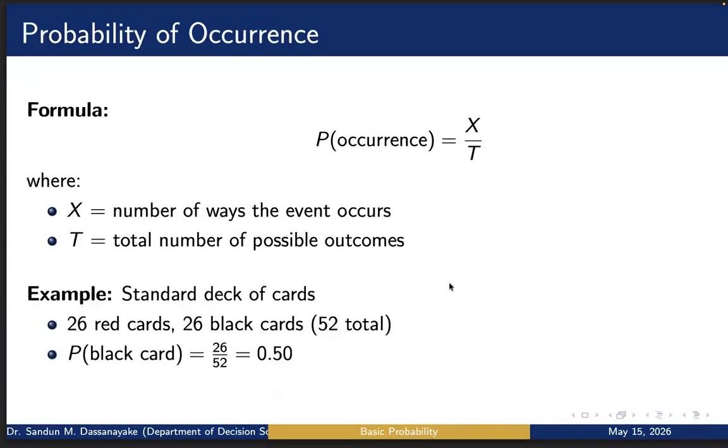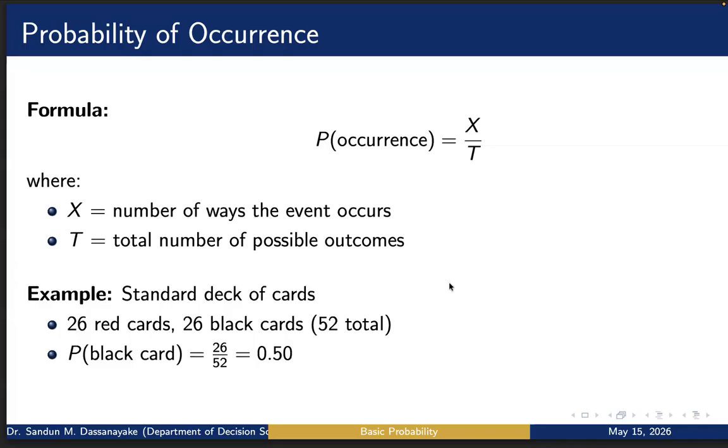Now, probability of occurrence is simply the number of ways the event occurs divided by the total number of possible outcomes. Now, if you think about the coin example, the number of ways that a coin would be shown after a flip will be two, head or tail, only two.